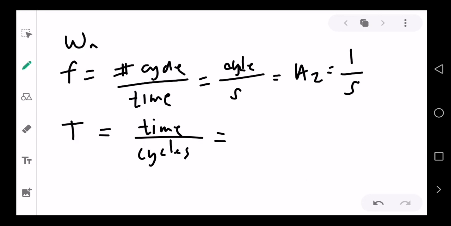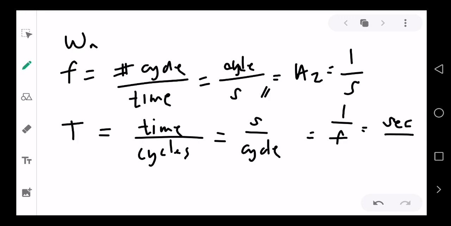Or basically, this is second over cycle, which is, as you can see, the reciprocal of f, or the frequency. There you go. Usually denoted by the unit second.